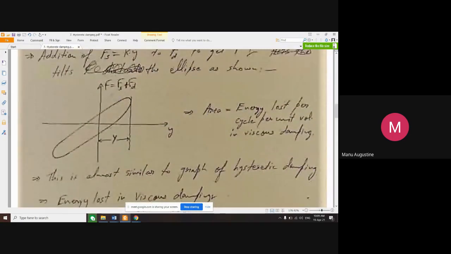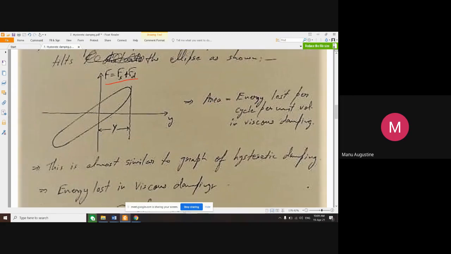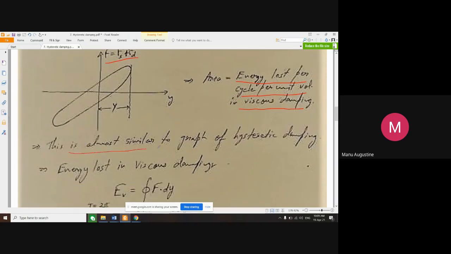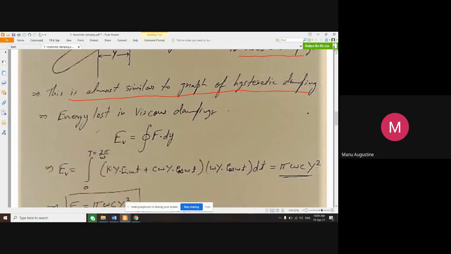Now the graph for F and small y looks like this. And once again, the area would represent the same thing, but in the case of viscous damping. Now this is almost similar to the graph of hysteretic damping. We have seen that. Very good.